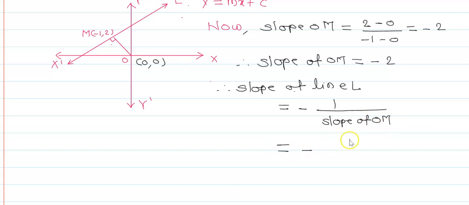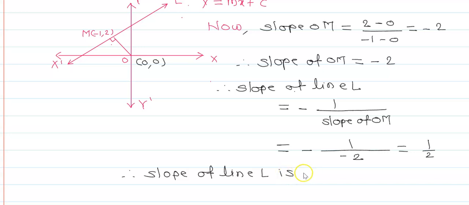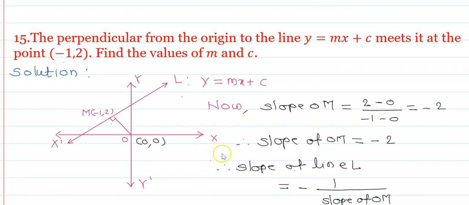And this equals minus 1 upon minus 2, and minus and minus will become plus. Therefore, slope of line L is 1 upon 2. Now we know the slope of line L and also a point on the line L.